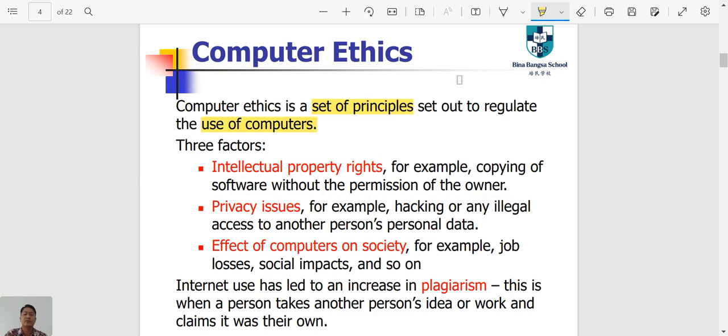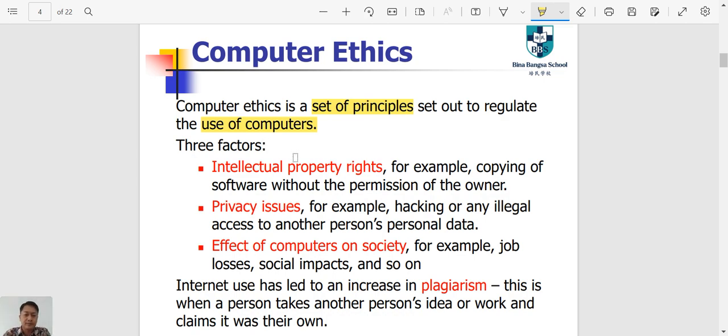Now, why do we need this computer ethics? We need to look into the three key issues why there should be computer ethics. Sometimes I call it netiquette, the proper way to use the internet, or your proper behavior in using these computer systems, hardware and software, but most especially the software.